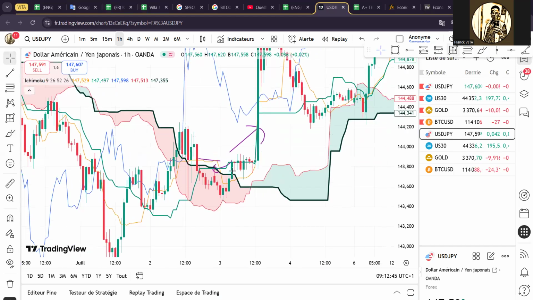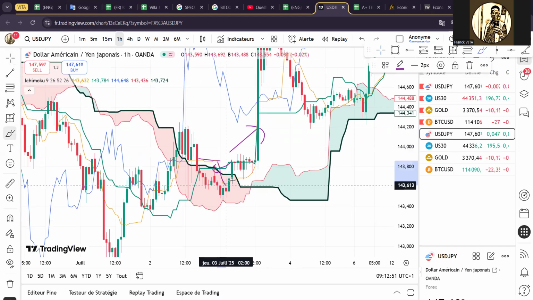Even though you see a little bit later that Tenkan went below Kijun, that's just an inverted Tenkan, but Kijun did not follow Tenkan to the downside. So if Kijun remains above SSB, it is still an uptrend.